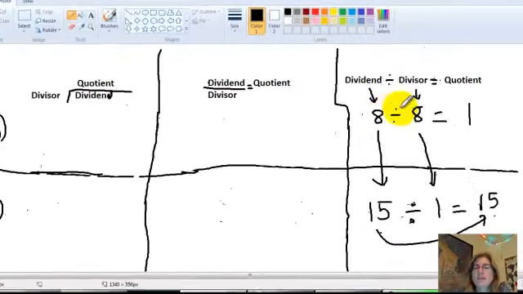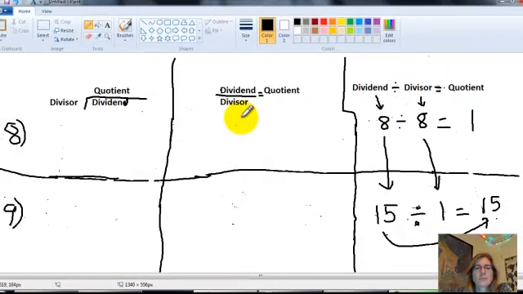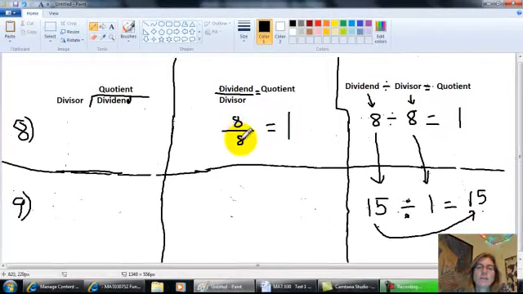And you could put this into any format: 8 over 8, dividend over divisor, will always equal 1. Whenever those numbers are the same, it will always equal 1, and that's really important when you move to algebra.